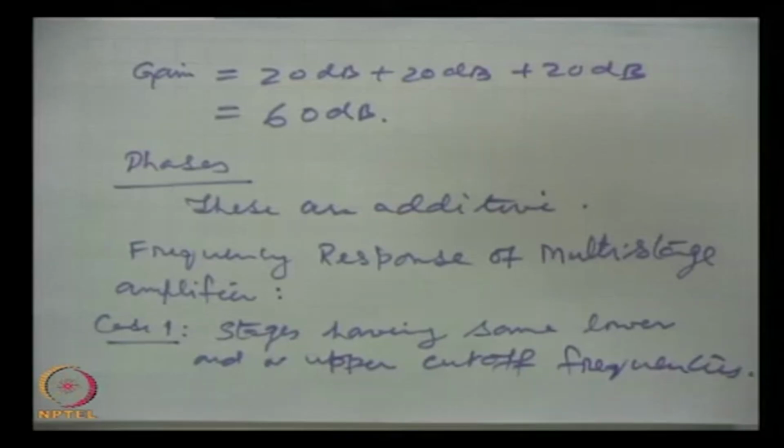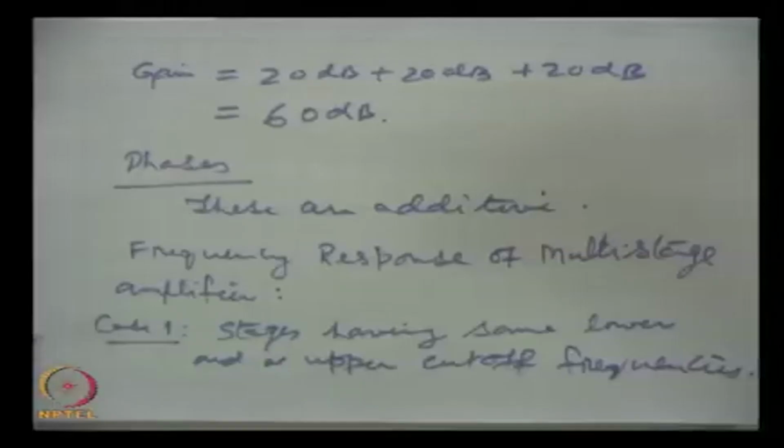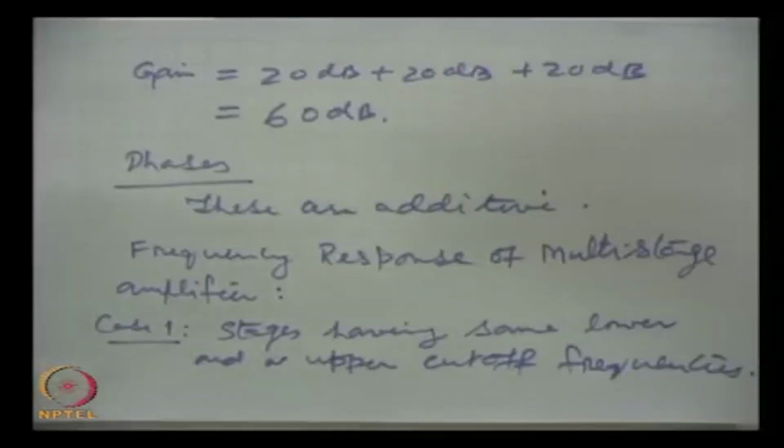If for example, lower cutoff is the same, uppers they are different, then this calculation in case 1 will be valid only for the lower cutoff which are identical, and if only upper is identical, then the rule which I am just putting here will be applicable to the upper cutoff, and if both are identical, then both expressions can be used.